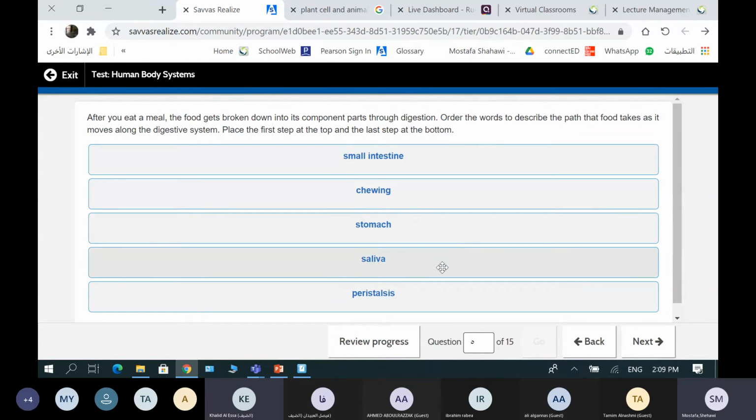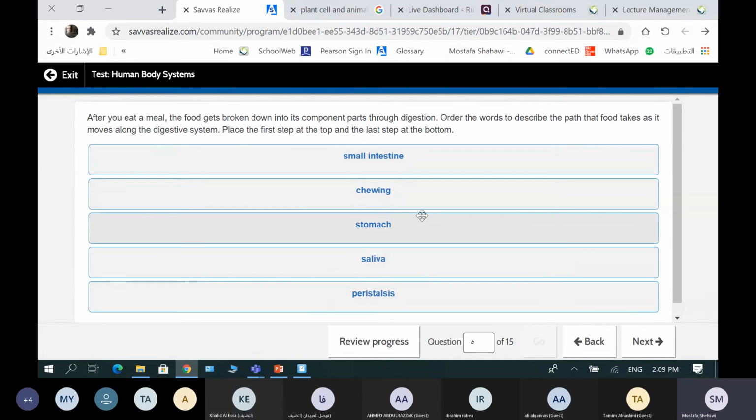So what is the first step we have to put here at the top? You have small intestine, chewing, stomach, saliva, peristalsis.